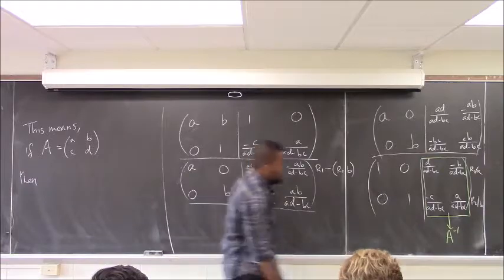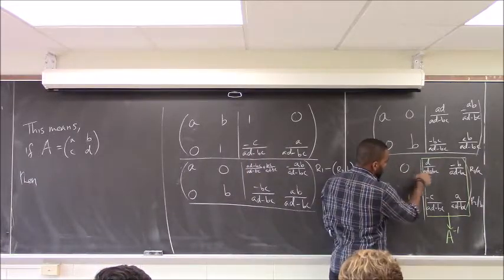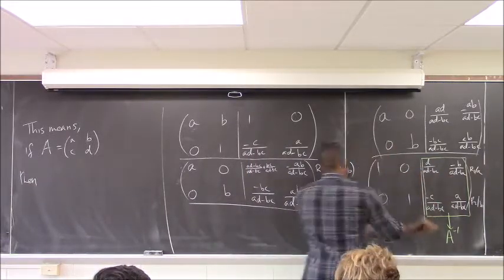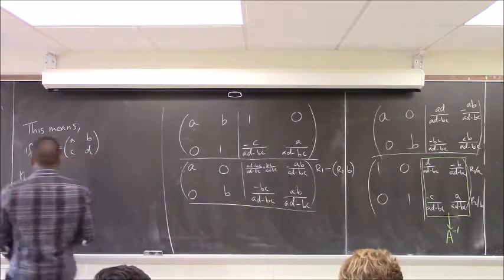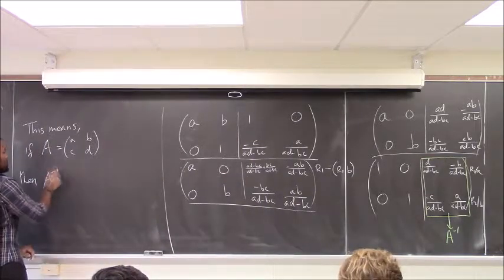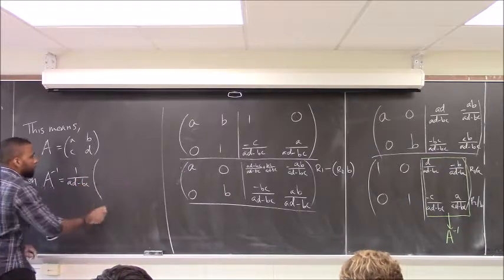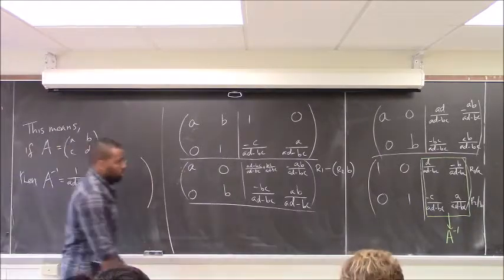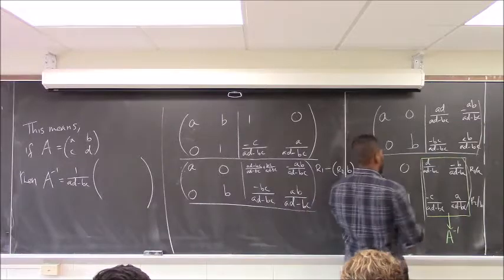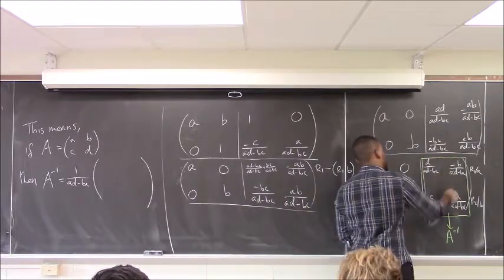Now, I'm going to factor out a common term here. Notice that everyone is divided by AD minus BC. That's just a number. I'm going to move it outside: 1 over AD minus BC. What's left inside when I take them off is just the numerators.